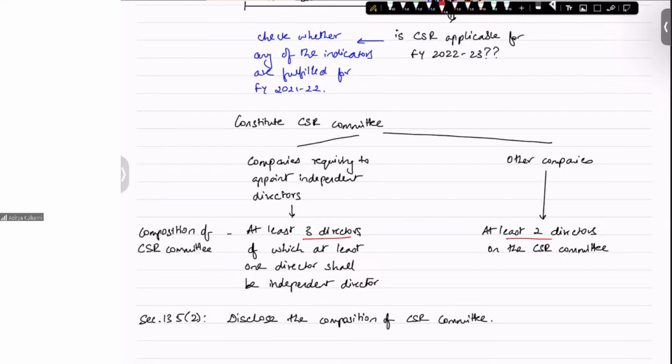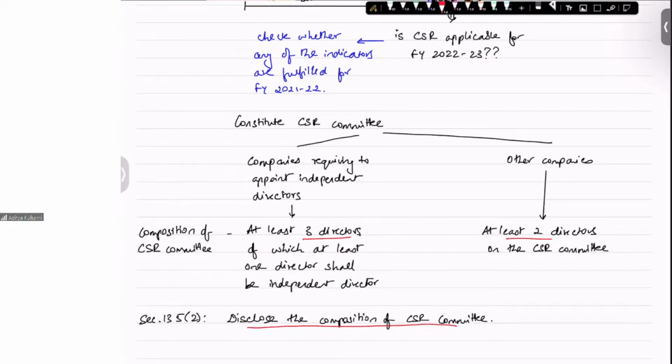The moment you meet the criteria under 135(1), then 135(3) tells you that you have to constitute a CSR committee. Sorry, not 135(3). I think the moment this is 135(1) only. Okay. And once that is done, you are required to disclose the composition of the CSR committee under section 135(2).